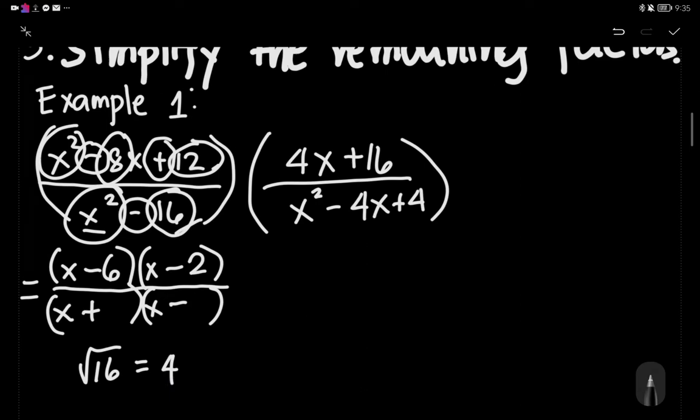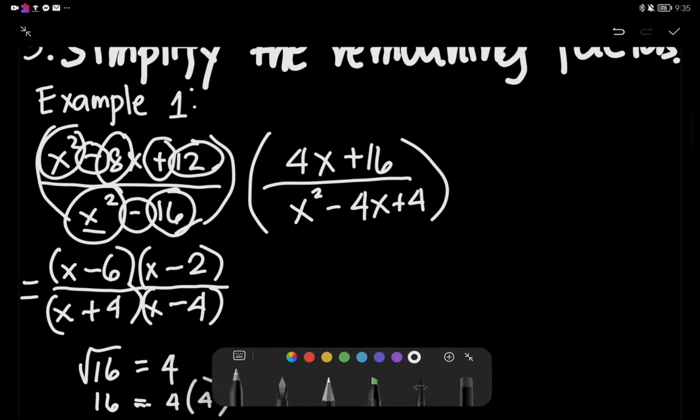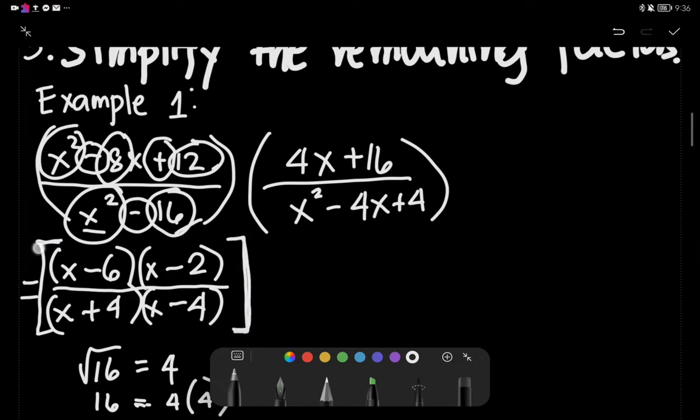Since 4 is the square root of 16, therefore, the factors of 16 is 4 times 4. So, we write 1 4 here and 1 on the other side. Now, let's enclose this one with a bracket. Since we are going to multiply this one, kana siya aning nadiri. But we are going to factor that first.